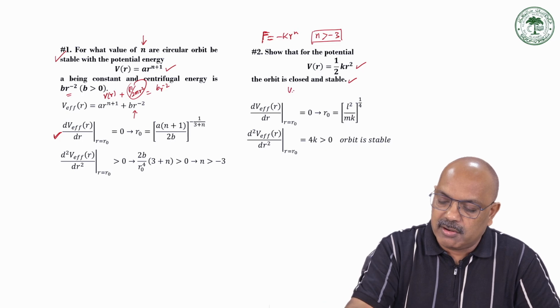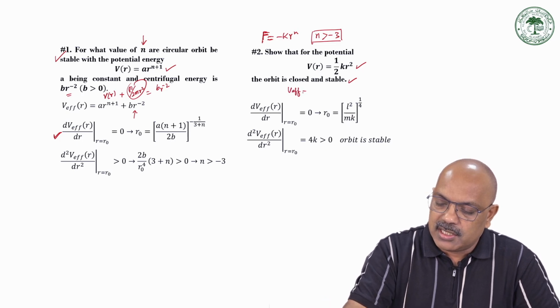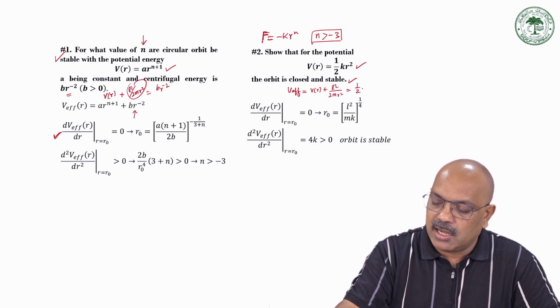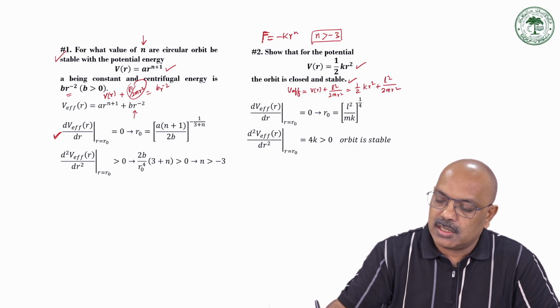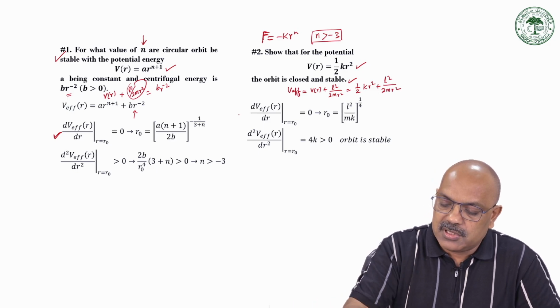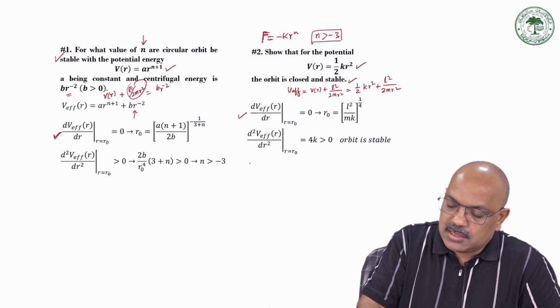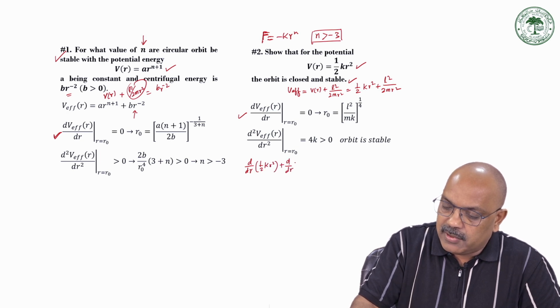So V effective in our case is going to be V(r) plus L square by twice m r square. V(r) is given to us, that is half k r square, and this is L square by twice m r square. Okay, so if we do the first differential, what I'm going to get is d/dr of half k r square plus d/dr of L square by twice m r square, at r equal to r naught.